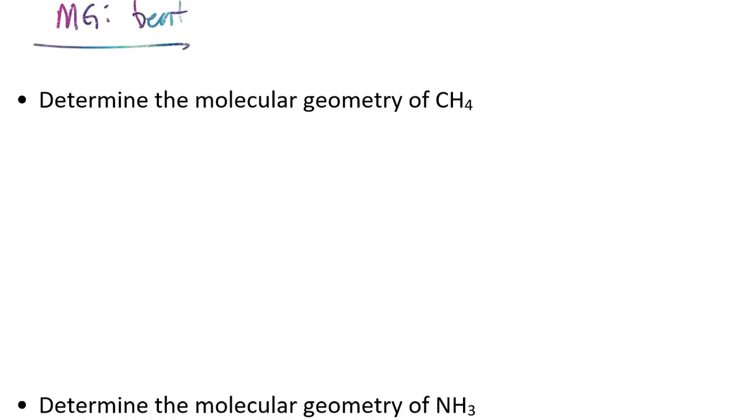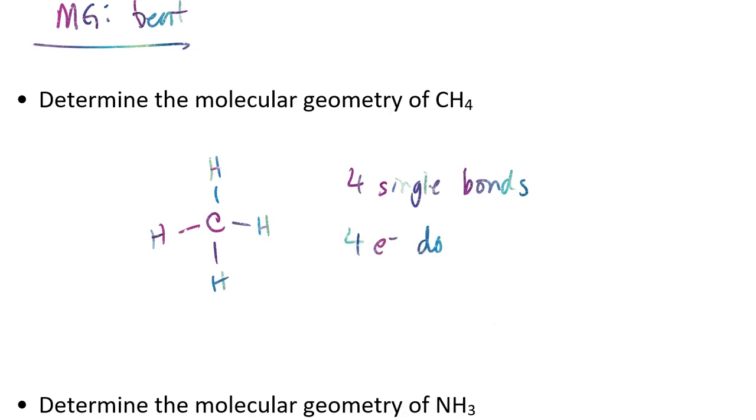What about if I had methane? Again, I'll leave it to you to verify that this Lewis structure is correct. But basically, I get this when I draw the Lewis structure of methane. I have 4 single bonds, and these 4 single bonds represent 4 electron domains.